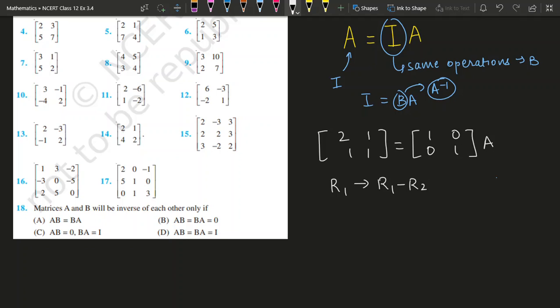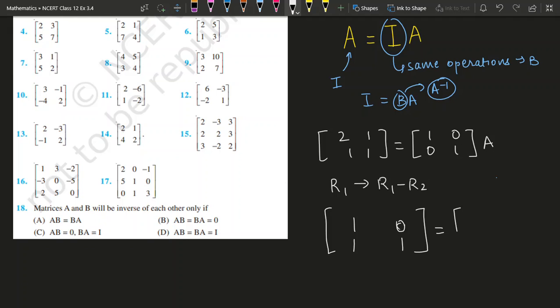If you see carefully, if you subtract row 2 from row 1, then row 2 will remain the same, just 1, 1. And in row 1, you will have 2 minus 1 and 1 minus 1. And 2 minus 1 is just 1, and 1 minus 1 is 0. So you have the first row of the identity matrix, and that's something that we hope for.